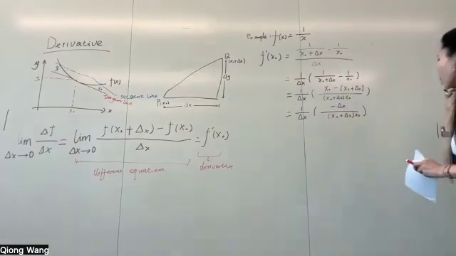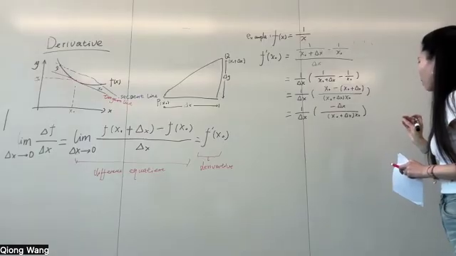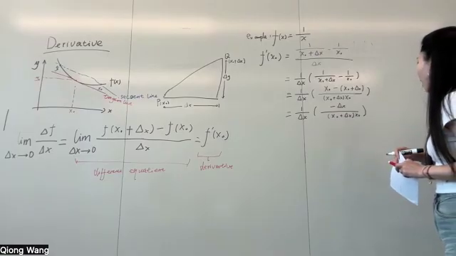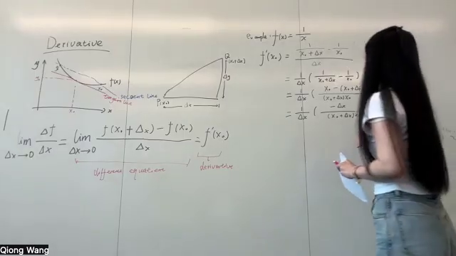So we'll go to the function like this. The right part will become minus delta x over x0 plus delta x times x0.